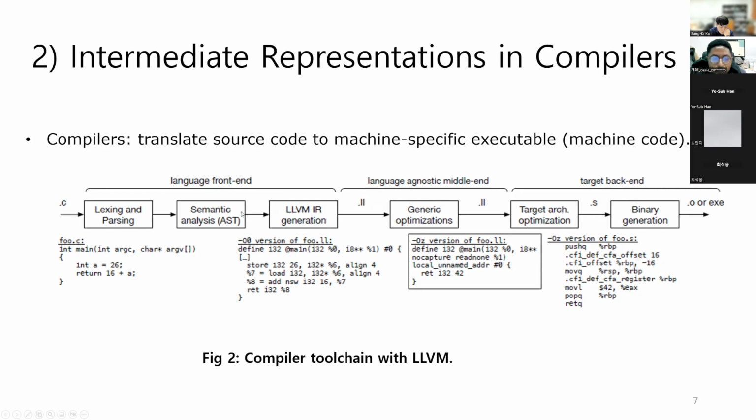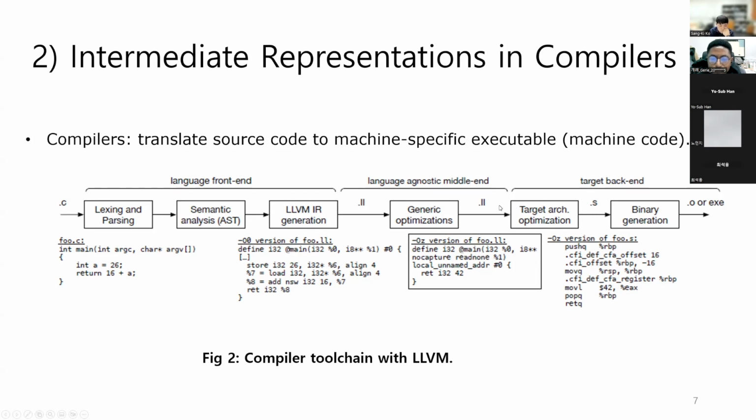On the front end side, lexing, parsing, and related issues are carried out, so the AST is also generated. From the AST, we generate the IR representation. On the middle end, optimization tasks have to be done.